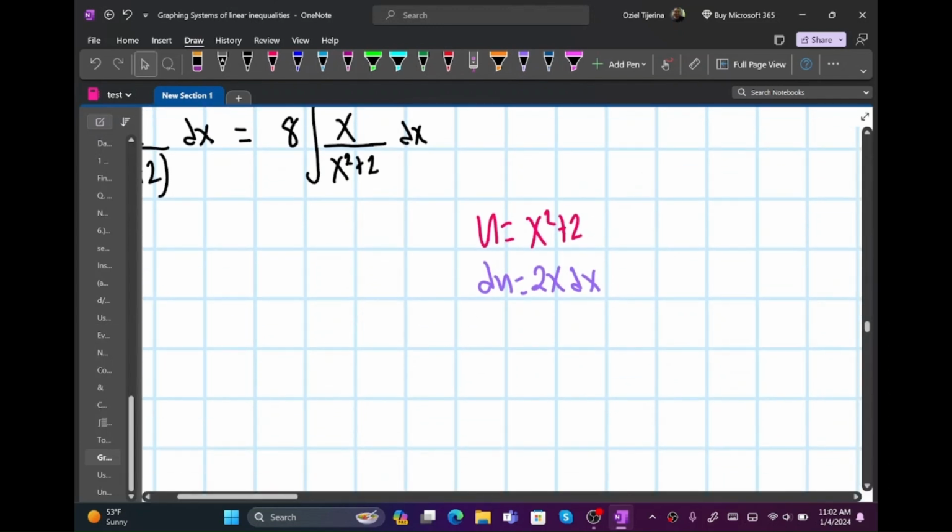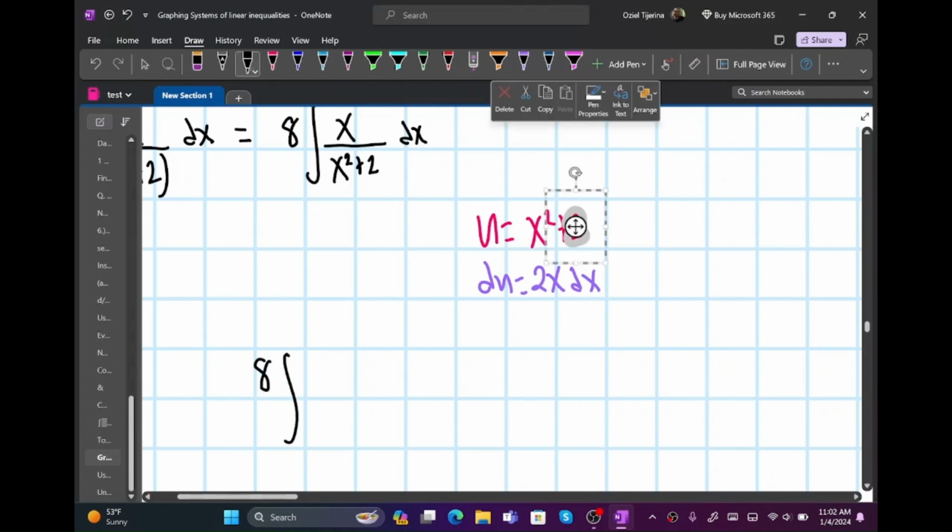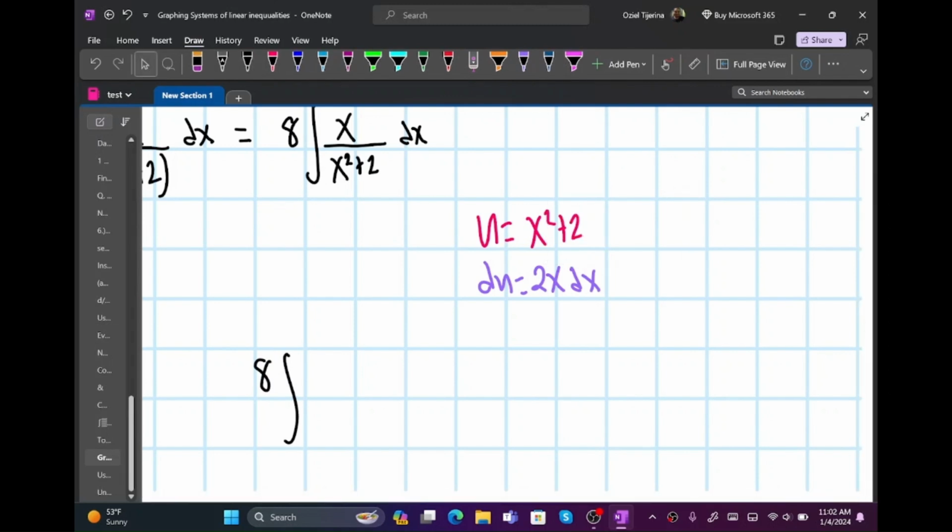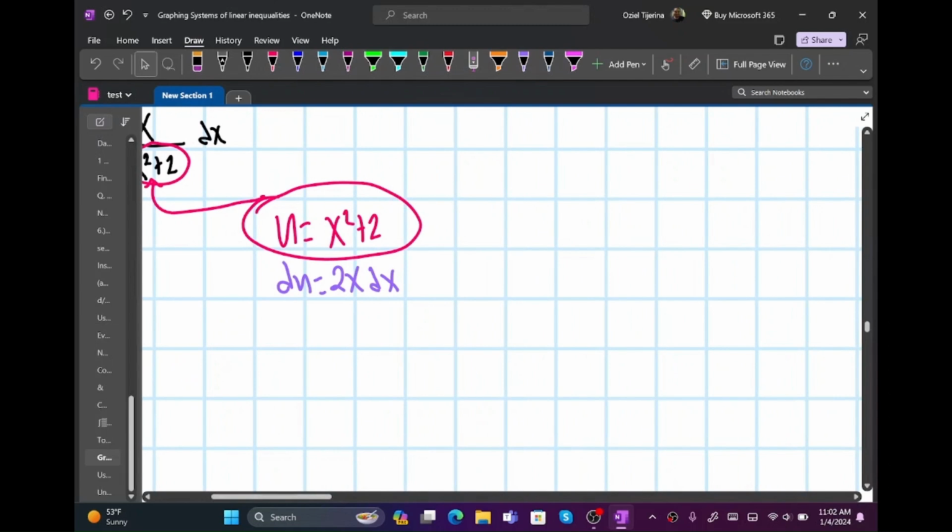Now, let's rewrite this. This will give us 8 integral of, and for u, we're going to put this in here. And then for du, we need to solve for dx here.